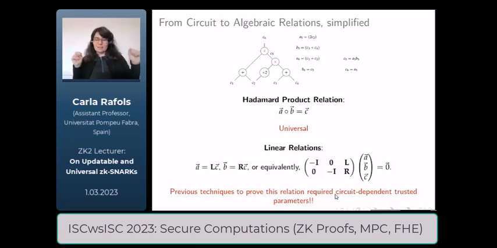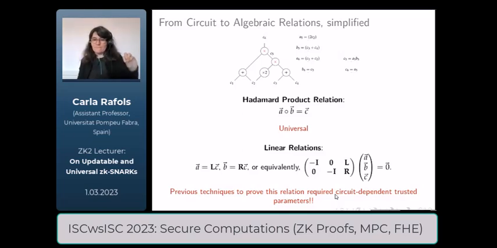Because, you mean later if you want to use this universal SRS, exactly, but the important thing is that this process that you do later is not trusted. Yes, there are no trapdoors.